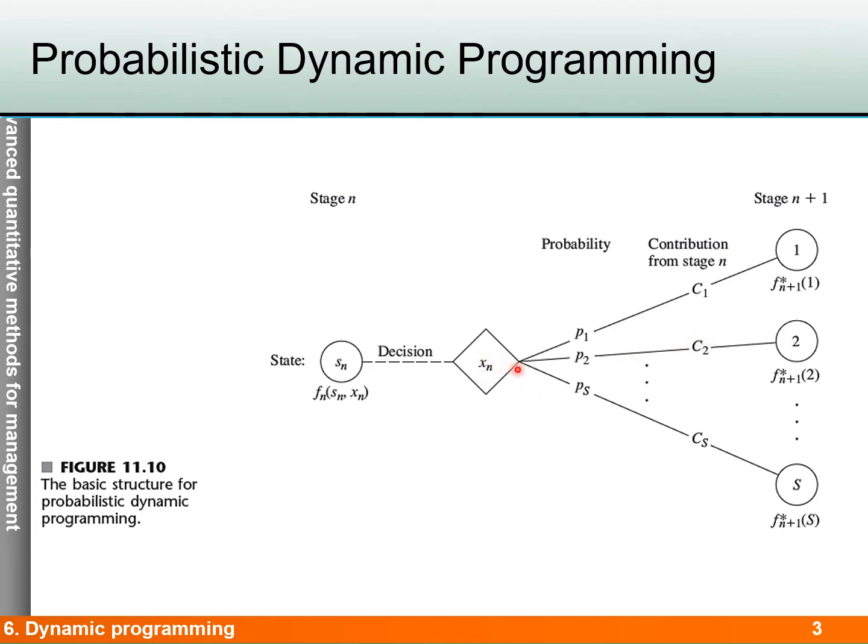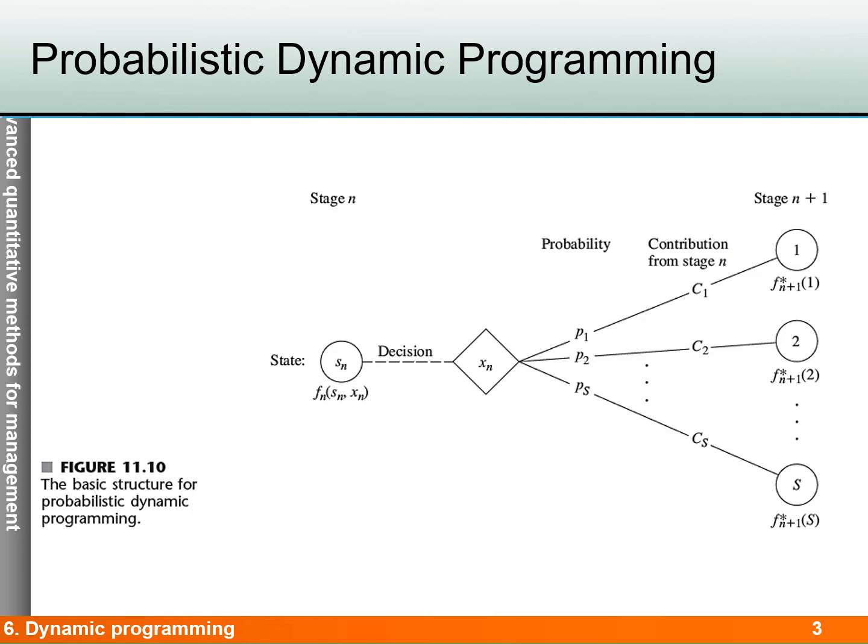As you remember, before, we had this decision leading to stage n plus 1, but now with these probabilities, these items happen. If the system goes to state i, one of these states, Ci is the contribution of stage n to the objective function.